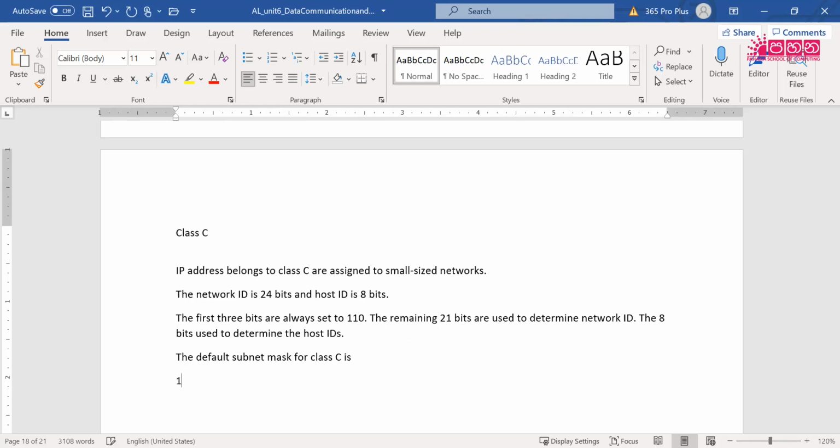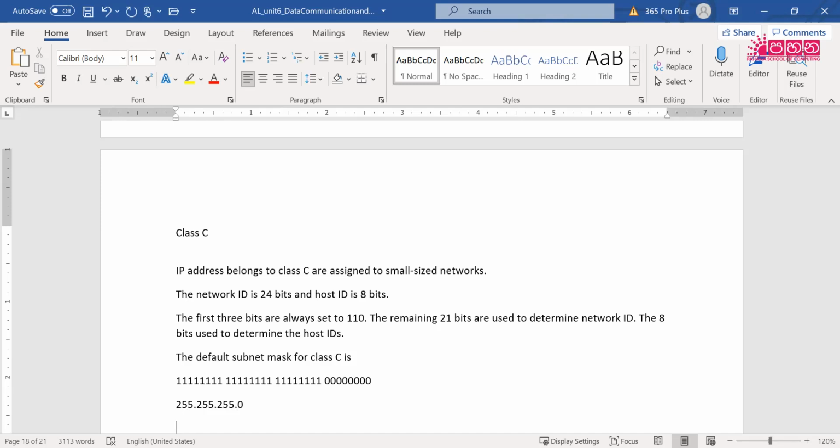So that means we have 1, 1, 1, 1, 1, 1, 1, 1, 8 bits. And finally, you will have 0s, which means we can say this is 255, 255, 255, and 0. So that is the default subnet mask.